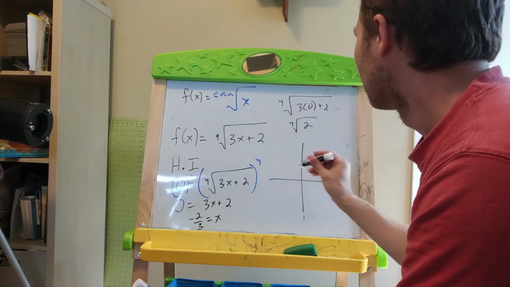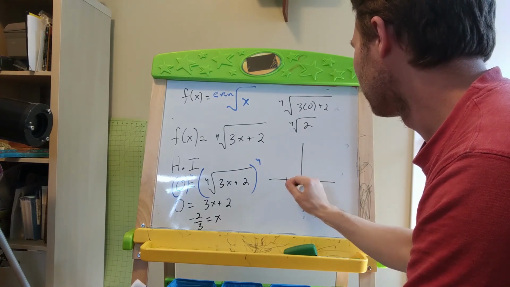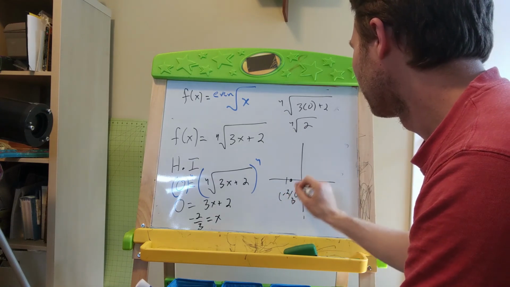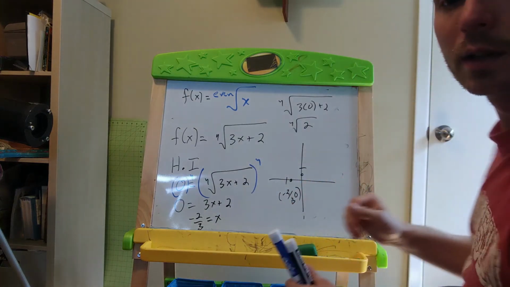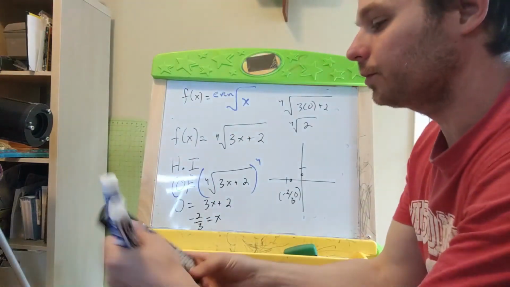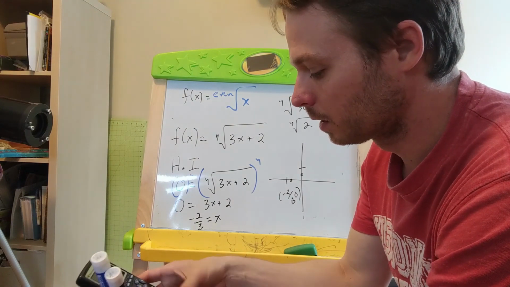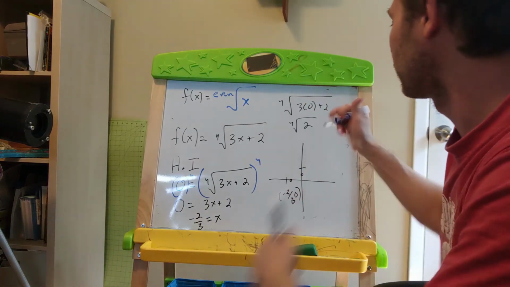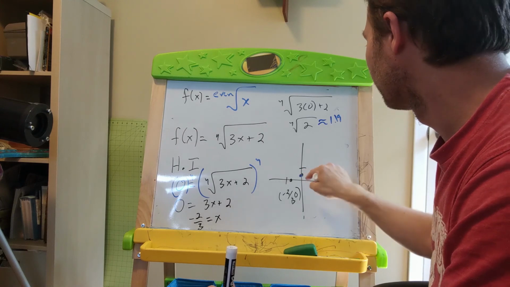And then right here is going to be the negative 2/3, 0. And then we're going to have our root. I can get an approximation real quick on my calculator. Let's see what 2 to the 1/4 power is. Yeah, 1.19 approximately. So that's going to be about right here.